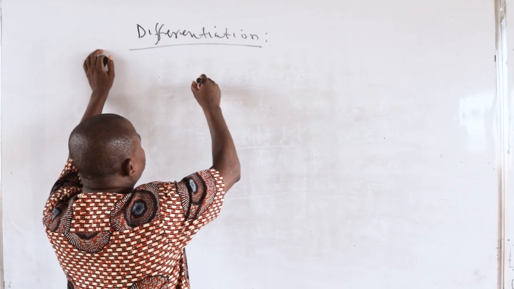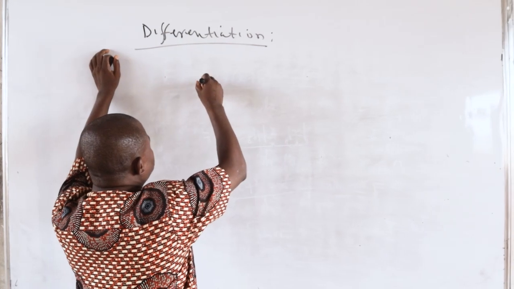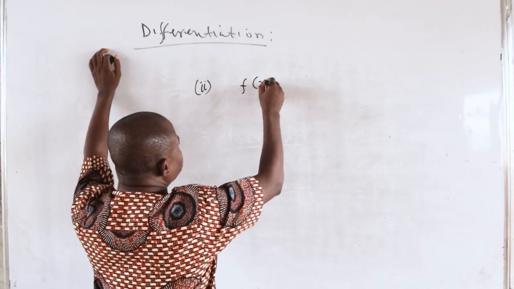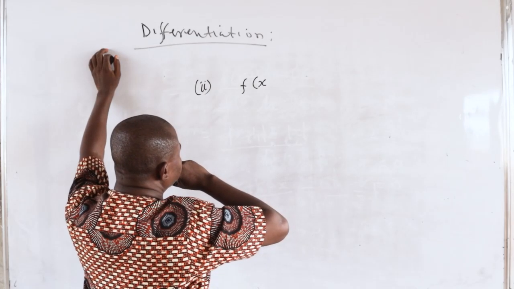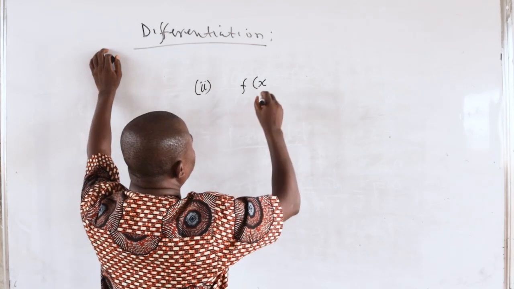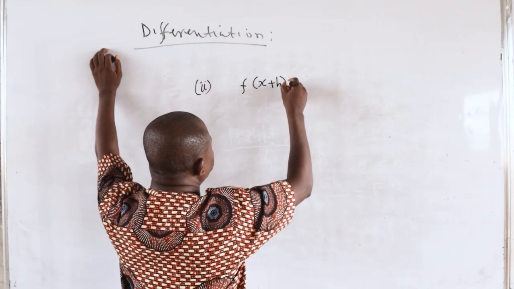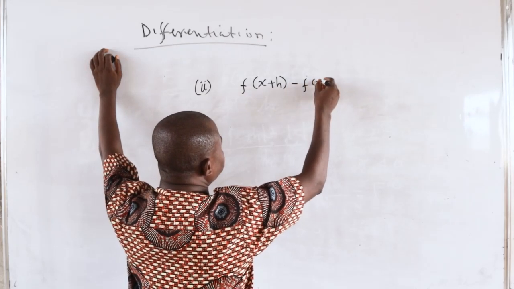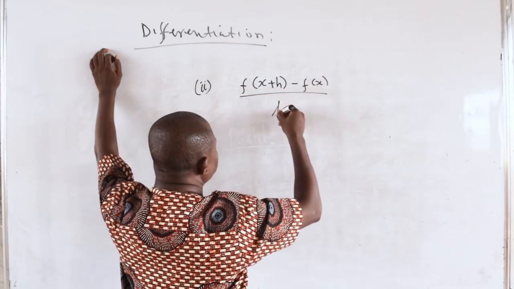For the second component of the problem, that's I, we want to compute again f of x plus h minus f of x divided by h.